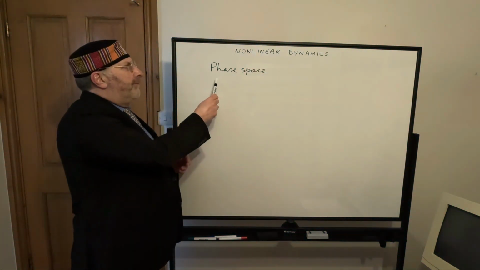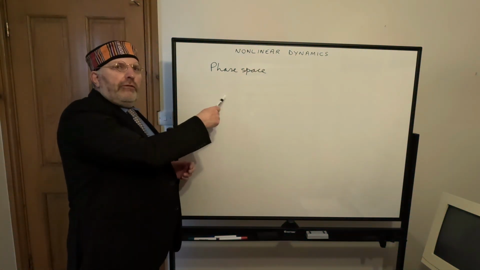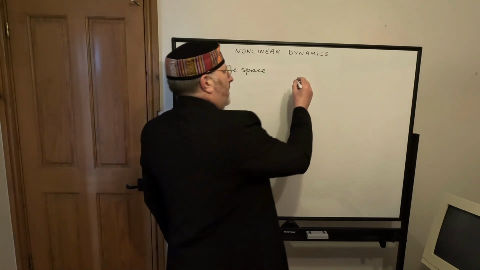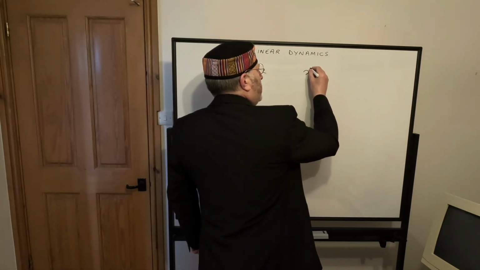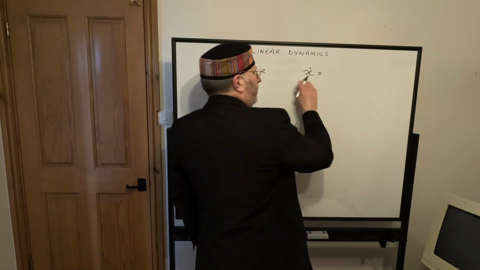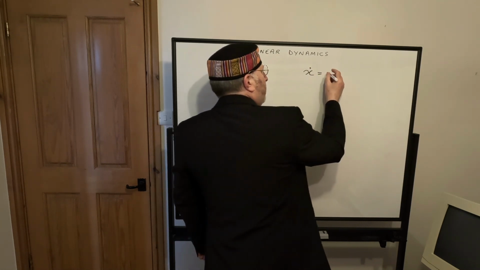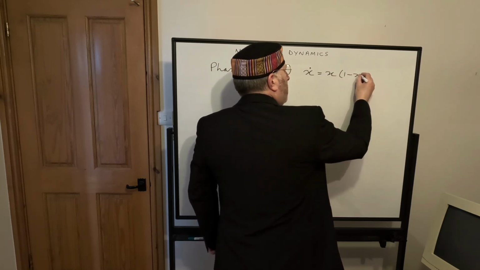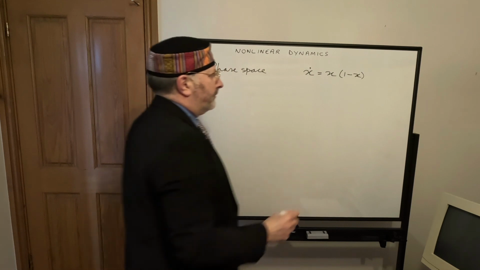So we'll start off by looking at phase space, what it is and what it can tell us. And we're going to take the example of the logistic equation, x dot, dx by dt, the rate of change of x with respect to time, equals x into 1 minus x.